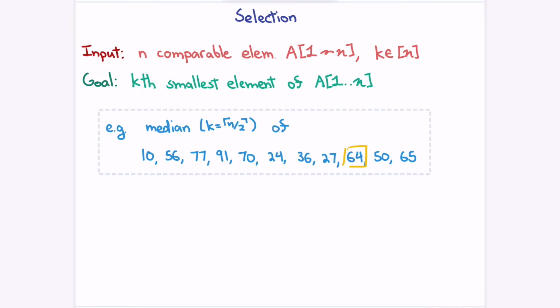Yeah? Okay, so median should have the same number below and above. So let's see. This is smaller. That's not smaller. Smaller, smaller, smaller, smaller. So we have 5 that are smaller, 5 that are, oh, 56. Oh, is 64 actually the median?